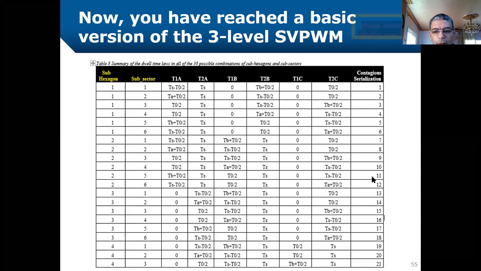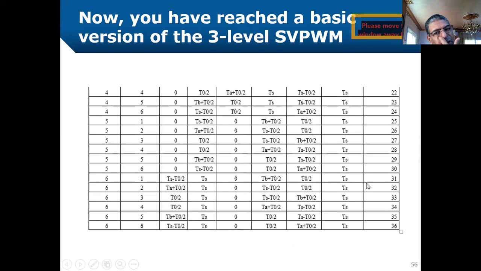So this table can be populated in the same way. And to streamline our implementation, we make some coding mechanisms so that each combination of sub-hexagon and subsector can be assigned a single number like this. And this coding formula is given here.